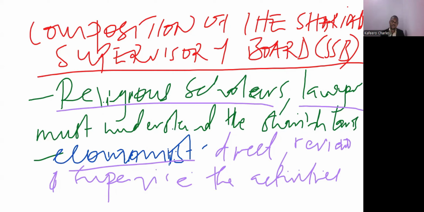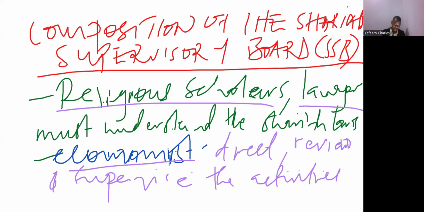Even the accountants, because they have an accounting body, they have their own accounting standards. So if you want to be in that kind of business, you have to be able to understand how they operate, even when you are doing their audit.